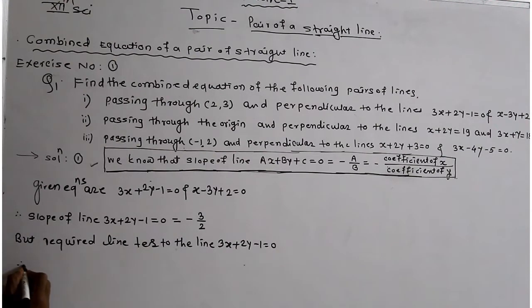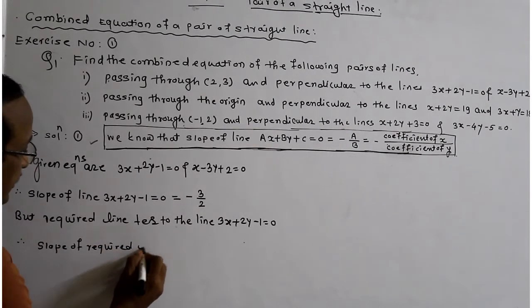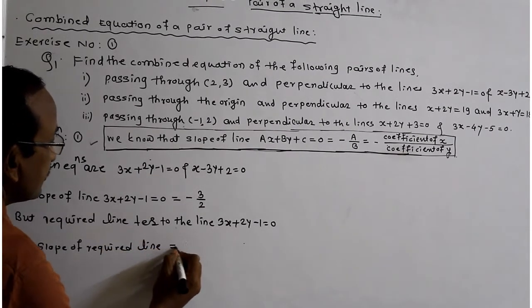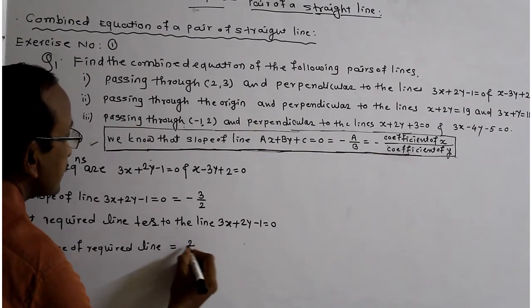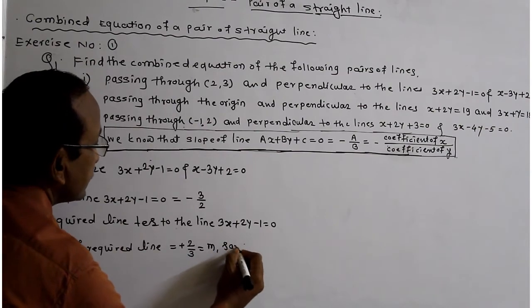So therefore the slope of the required line is plus 2 upon 3, which is m1.